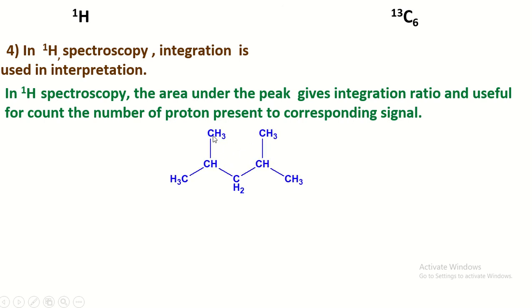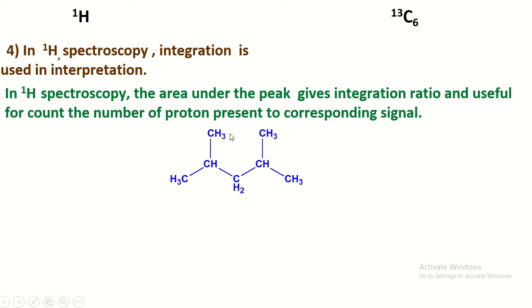For example, in this compound there are 3 types of protons. One type belongs to CH3 groups, another type belongs to CH groups, and the third type belongs to CH2 groups. Therefore, in the CH3 type, there are 12 equivalent hydrogens. In the case of CH, there are 2 equivalent hydrogens, and in CH2, only 2 equivalent hydrogens. Therefore, the area for CH3 is more.